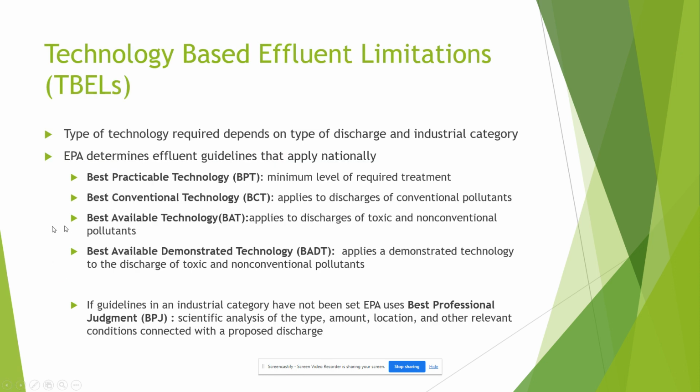Okay, so we talked about those TMDLs, but the other one is these technology-based effluent limitations. It's not like an absolute amount, it's about what the permit holder has to do before discharging from the point source. So it depends on what you're discharging and your industrial category.